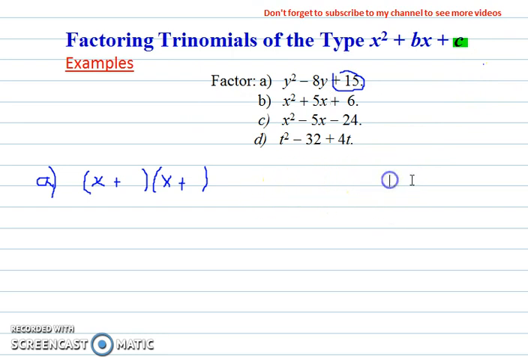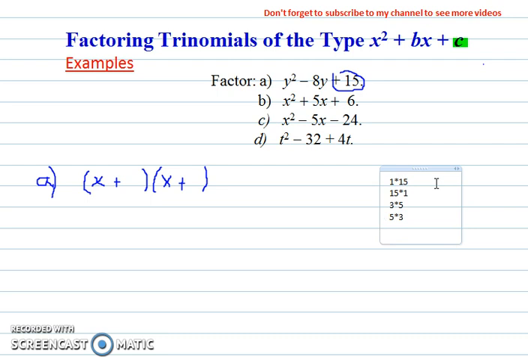So let's try to write it right here. We know two numbers that we can multiply to make 15. We can have 1 times 15, 15 times 1, 3 times 5, 5 times 3. But we can also have negatives for each of them.